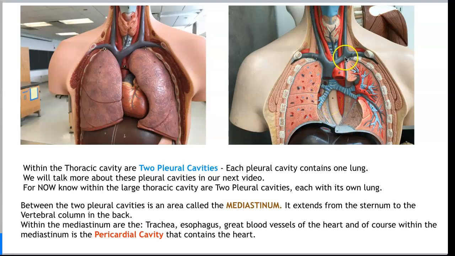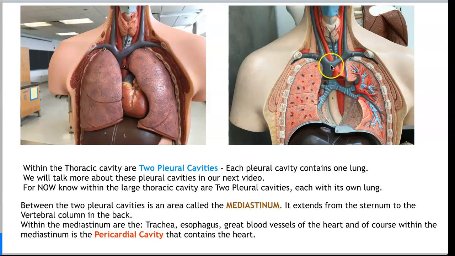Now, within this region that we call the mediastinum, we are going to have some structures. This tan structure here is the esophagus. This is the tube that is delivering food from the back of your throat, and it's going to go through the diaphragm and take that food to your stomach. So part of the esophagus is in the mediastinum.